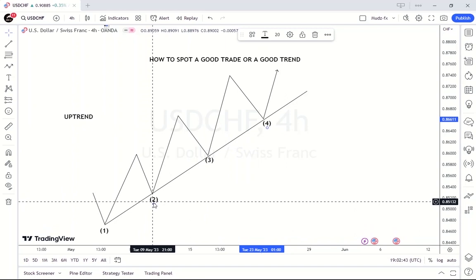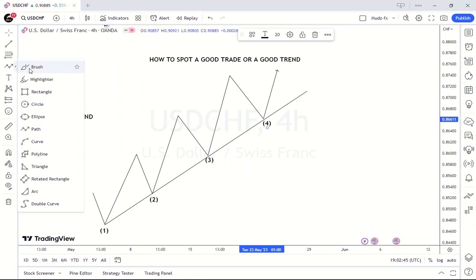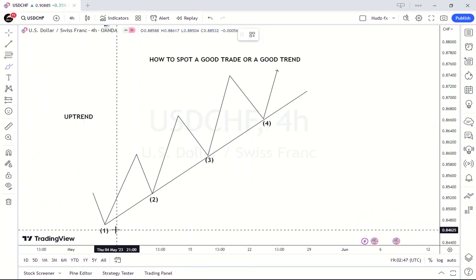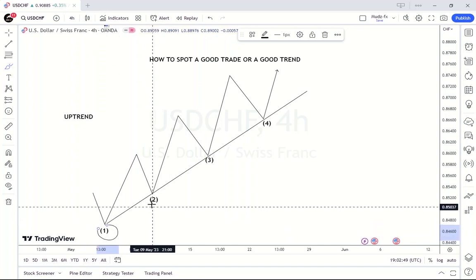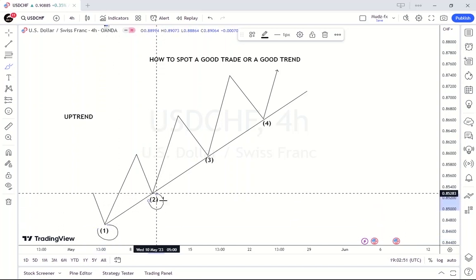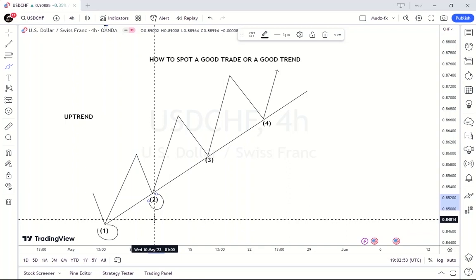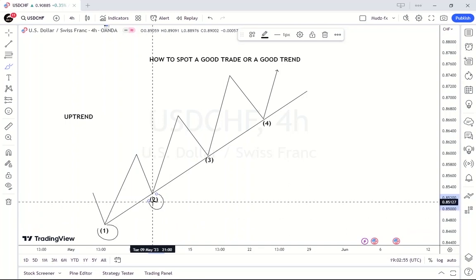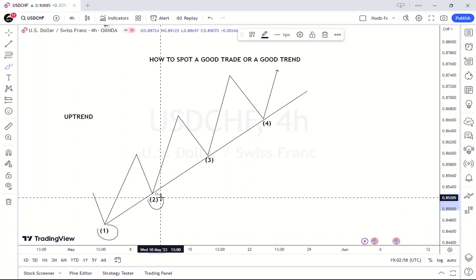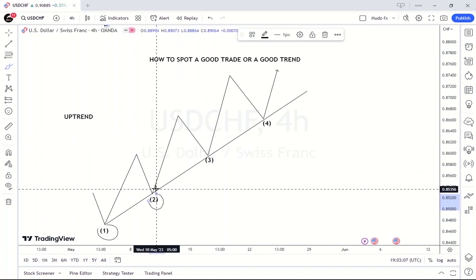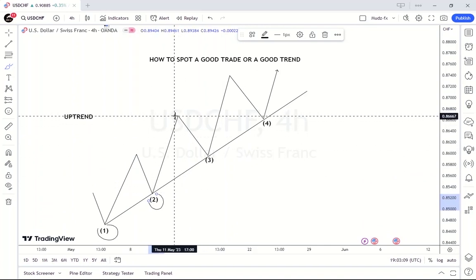So after connecting your trend line from number one to number two, it's then gonna move, making a higher high.